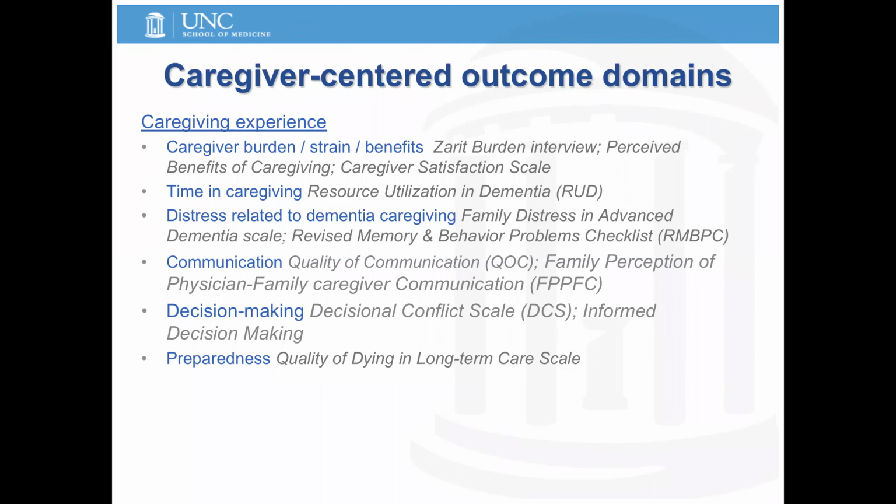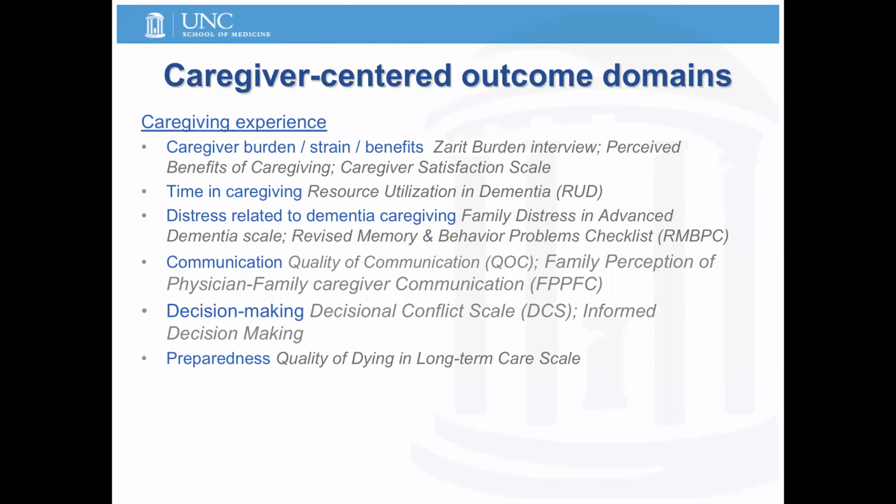Time in caregiving may be something that is important as an outcome measure. Distress related to dementia caregiving specifically is actually available as an outcome measure opportunity. Communication in the healthcare system is something that's really important to caregivers. I mentioned previously that physicians have been described as missing in action in this disease.